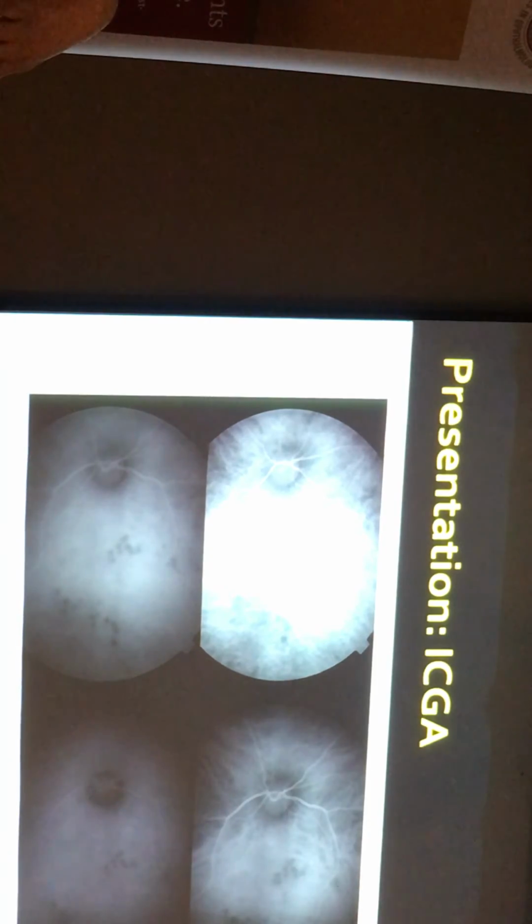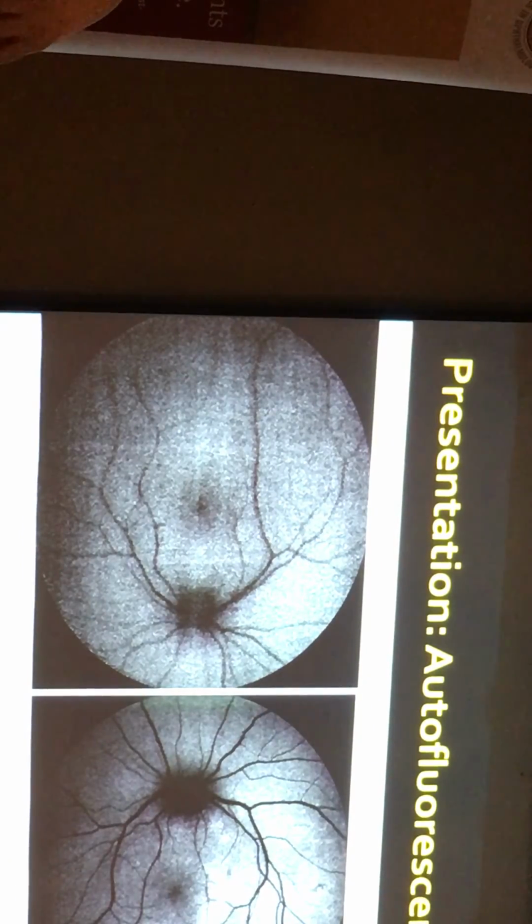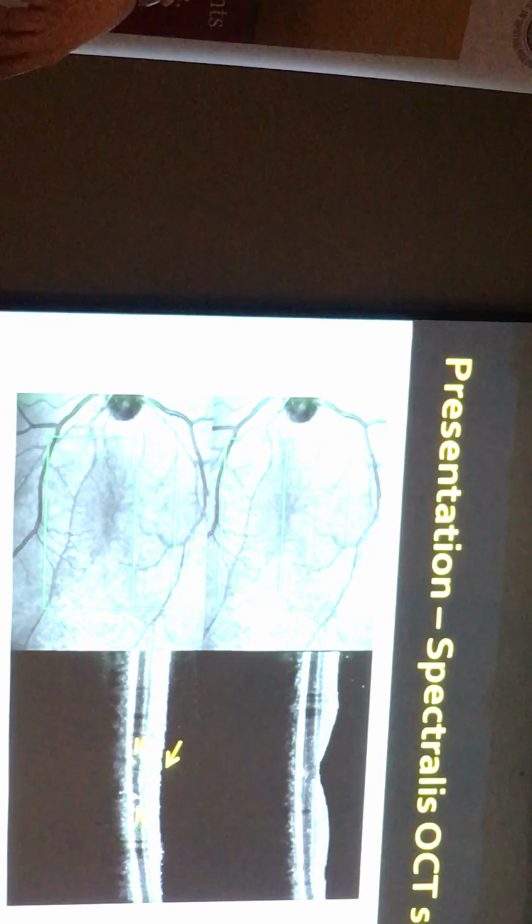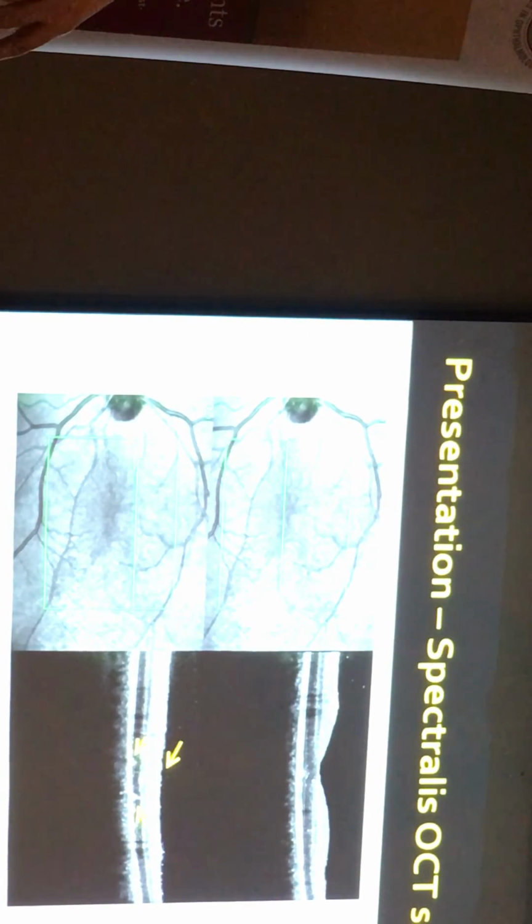In the OCT we can see there is a minimal thinning of the layers, and there are some elevations in the RPE.